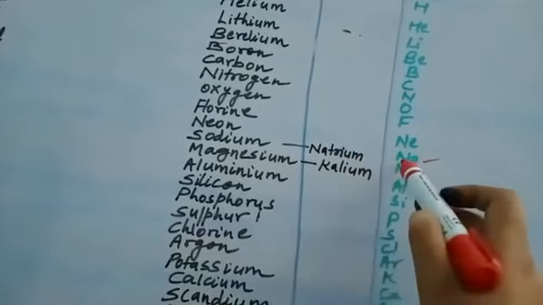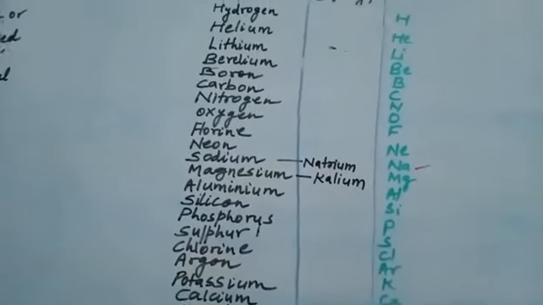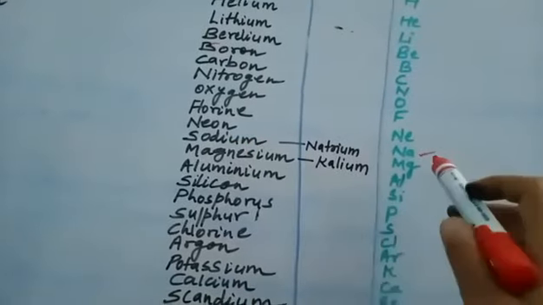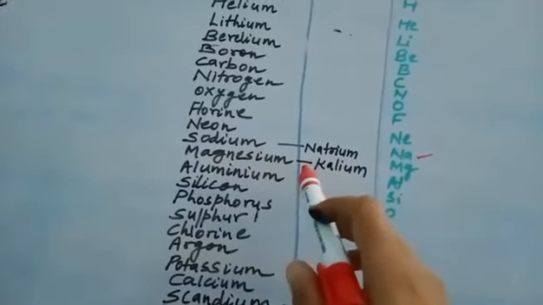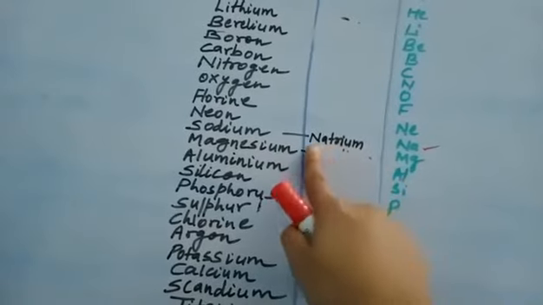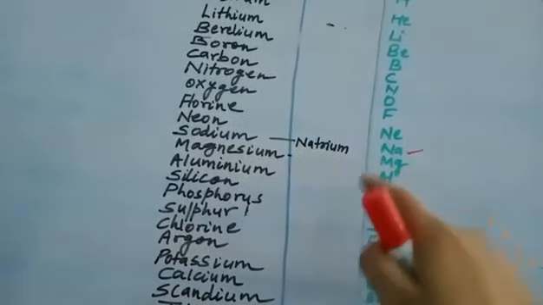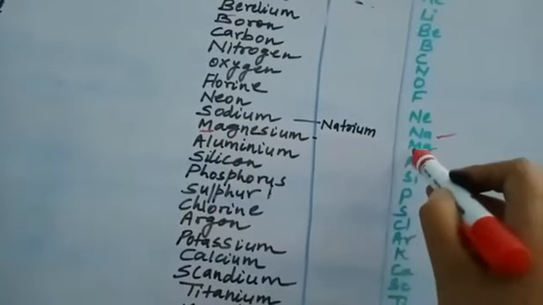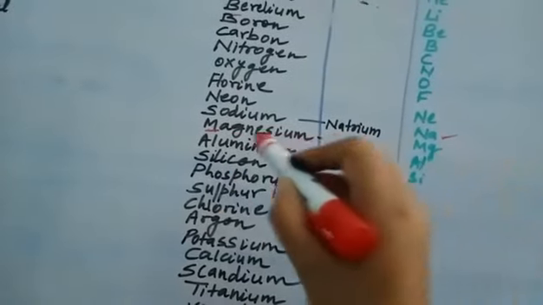The first letter is capital and the second one is small a. So the chemical symbol of sodium is Na. Then magnesium, you can see the first letter and the third letter. The first letter is always capital and the third letter is g, that is small g: Mg.